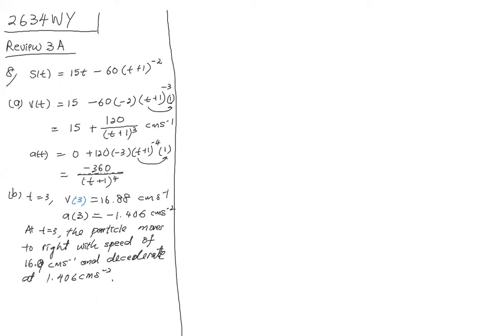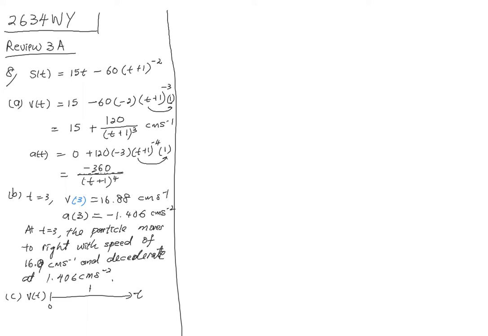Okay, so for part C, if you are a person who is very familiar with the function, you look at the velocity function. You will know that it is always positive because 15 plus a positive number will always be positive.